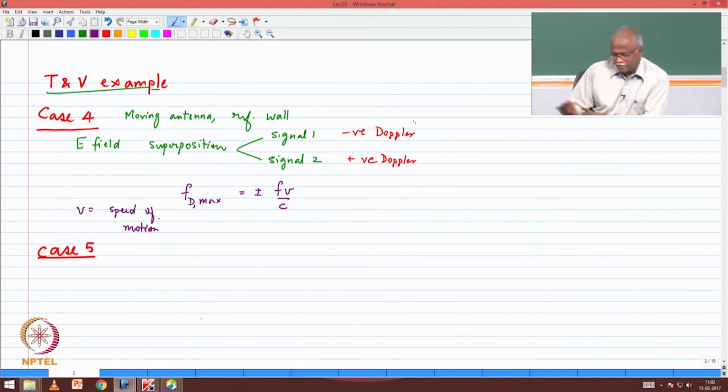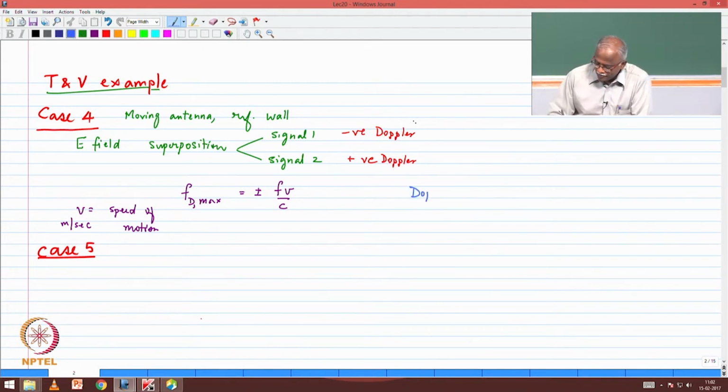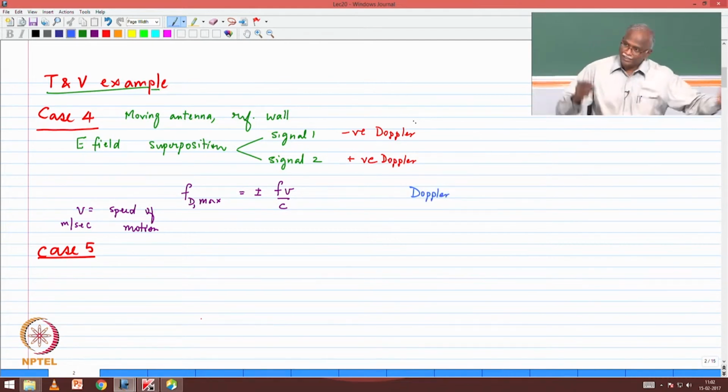Basically either the transmitter or the receiver is moving, and the speed of motion of the moving antenna is V meters per second. This also gave us the notion of a Doppler spread: various components can be received by the receive antenna, and the maximum Doppler spread will be from the most negative to the most positive, that is 2 times fV/c.